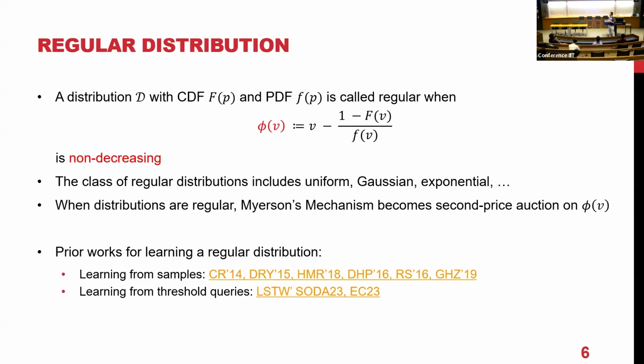The second line of research is about learning a regular distribution from threshold queries. Basically, you post a threshold, and you can only see whether the current sample is above or below the threshold. The two papers on this are from Leme, Sivan, Teng, and Worah, from SODA '23 and EC '23. Our work is closer to the second line of research because the feedback we get is whether the item is sold or not sold in one day.